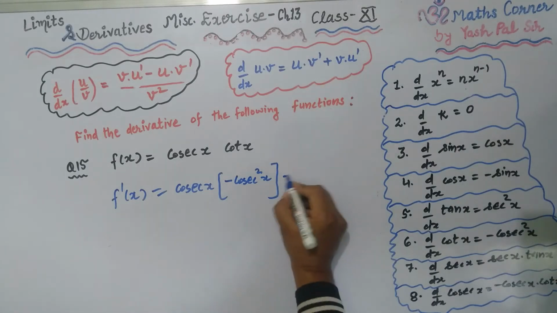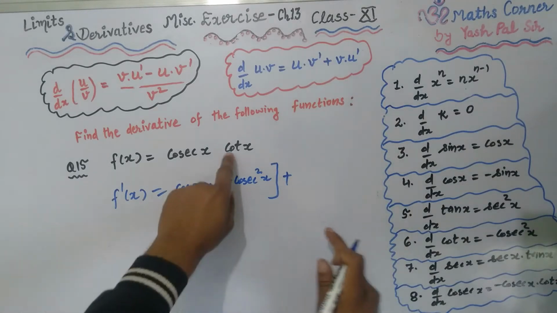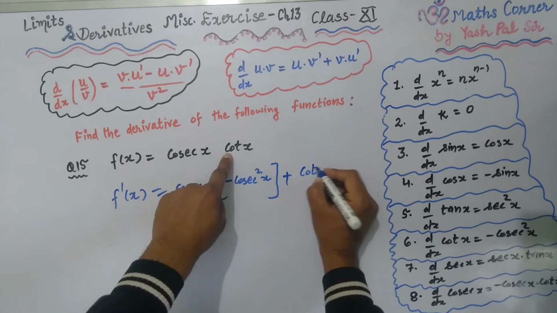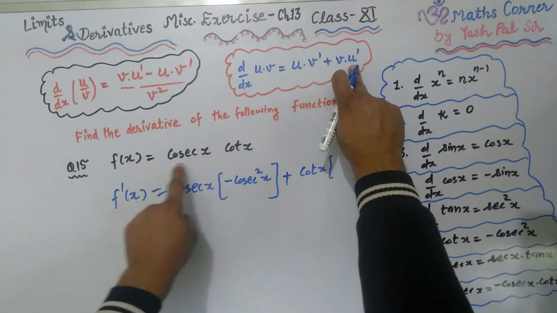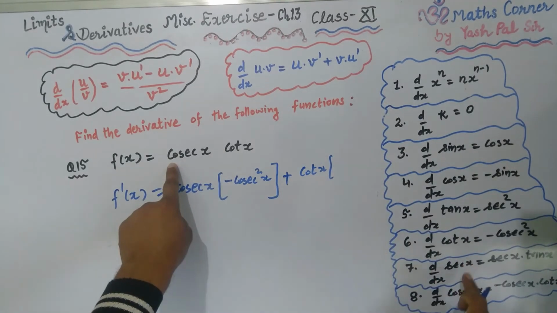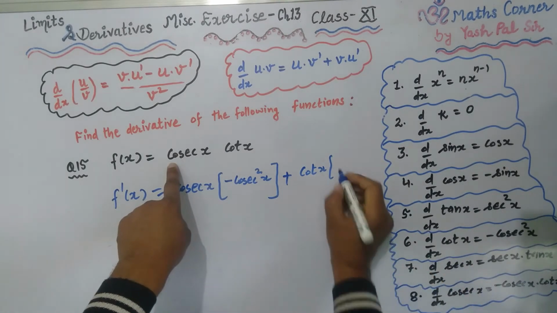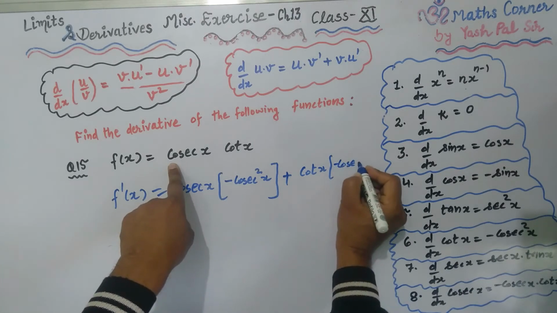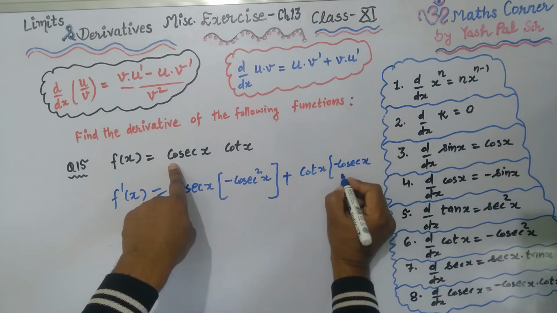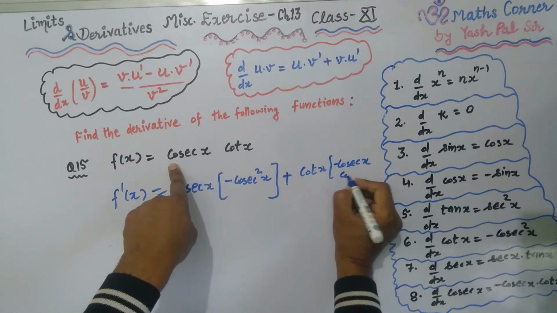Plus v, meaning cotangent x, into u dash, meaning derivative of cosecant x. Cosecant x derivative is minus cosecant x into cotangent x.